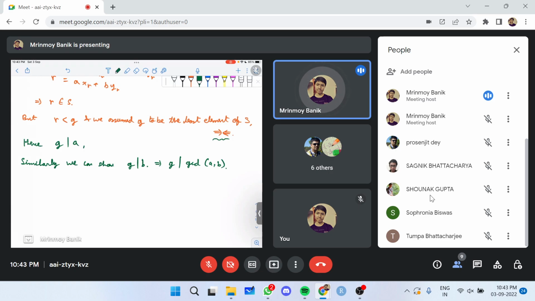Okay, but to say this is the GCD, we need to show that the GCD itself divides G. Just a minute.